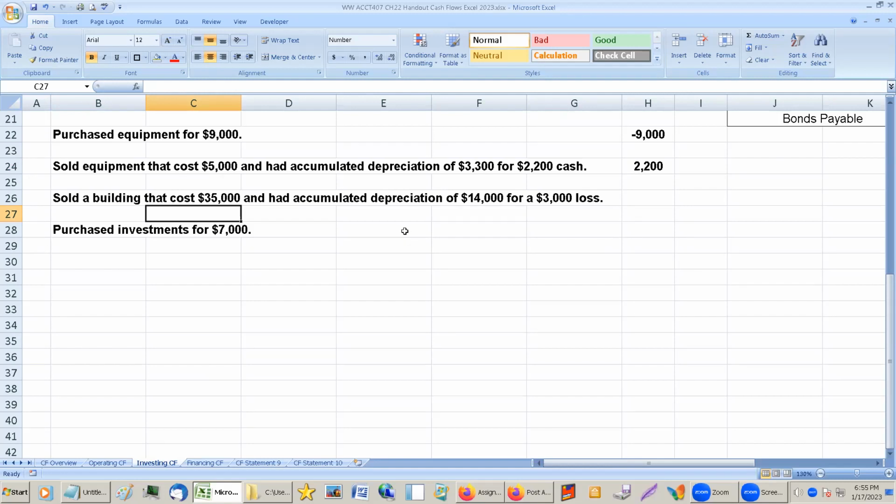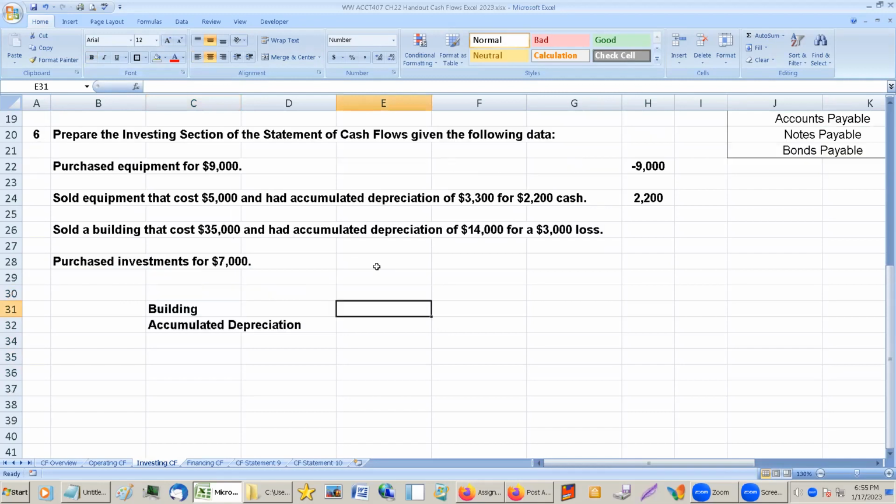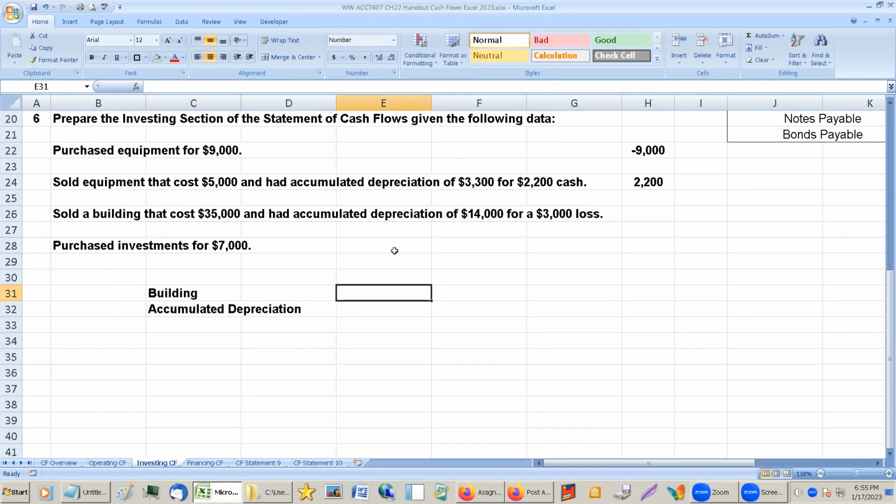So how much cash did they get? 18,000. Yep. So the building was 35,000.